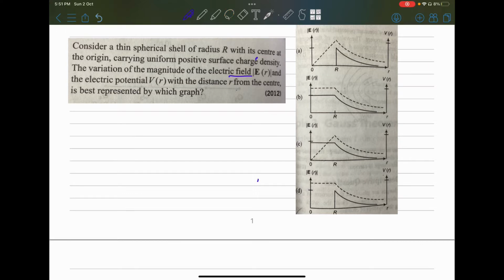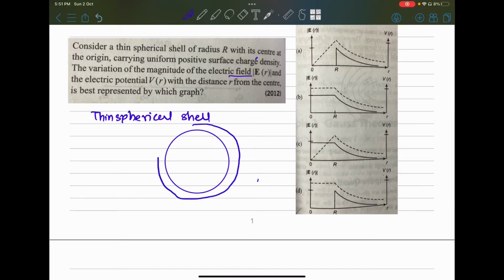So for a thin spherical shell, we first have to recall the formulas for electric field and electric potential. So let us first draw a spherical shell over here. Okay, you can imagine this part is very thin and the charge is distributed in this thin shell.